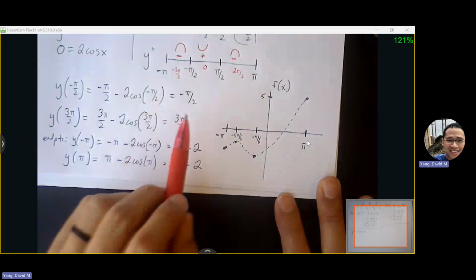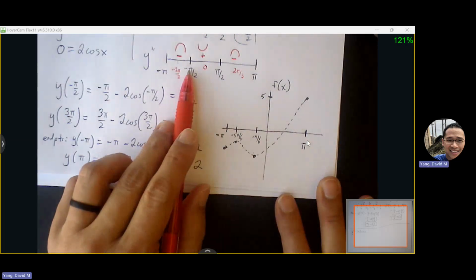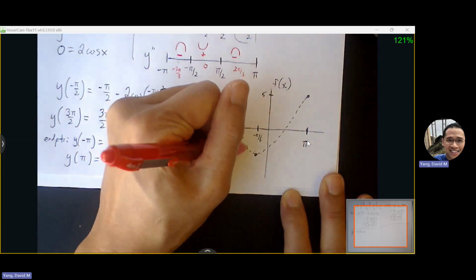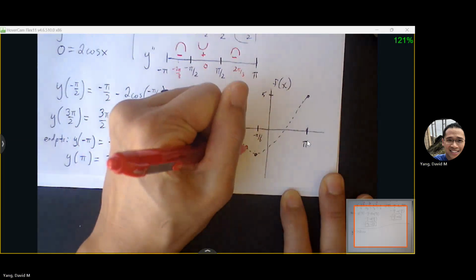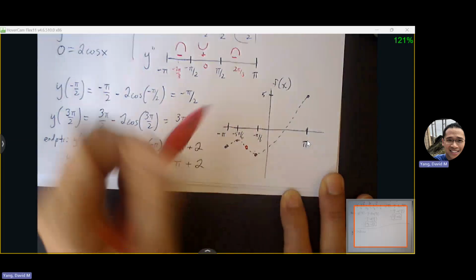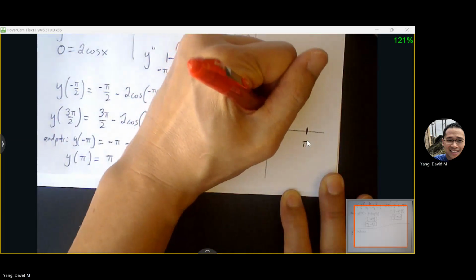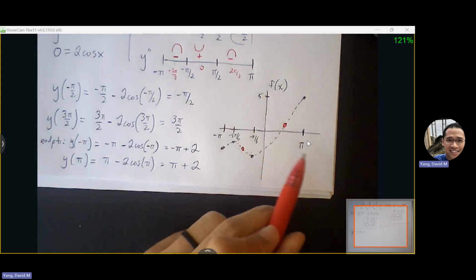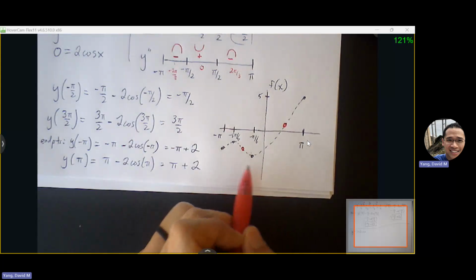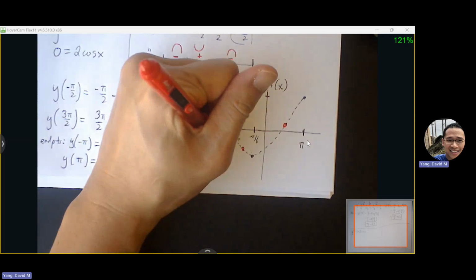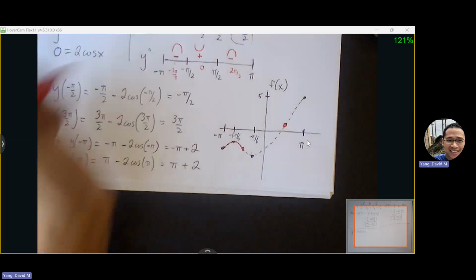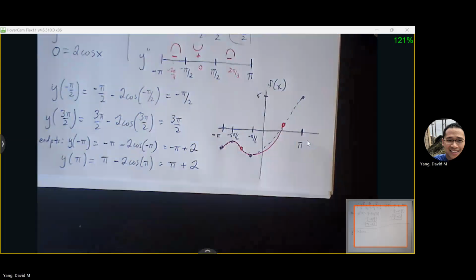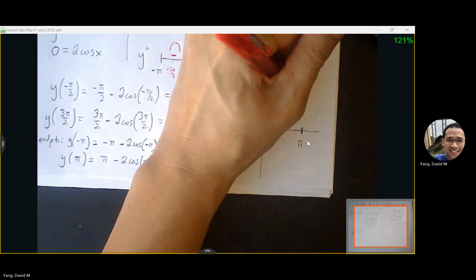But along the way, we also know there's a point of inflection at -pi over 2. So -pi over 2 is somewhere here. And pi over 2 is somewhere here. So then we're just going back and retracing the graph with the appropriate curvature that we want. We want the graph to be concave down initially, then switch over to concave up, and then back to concave down.